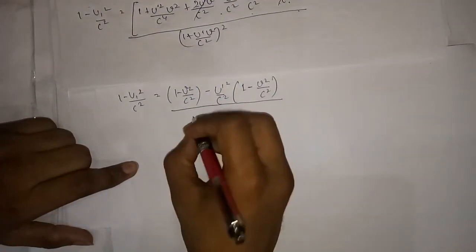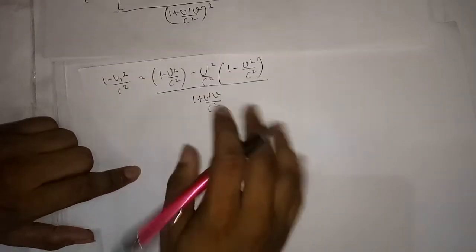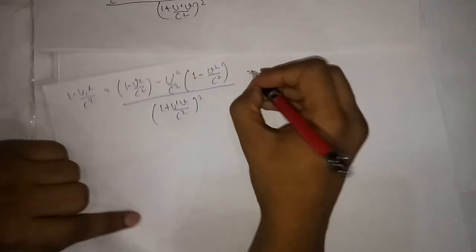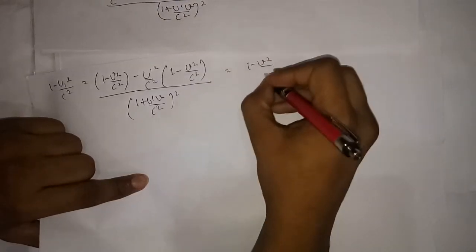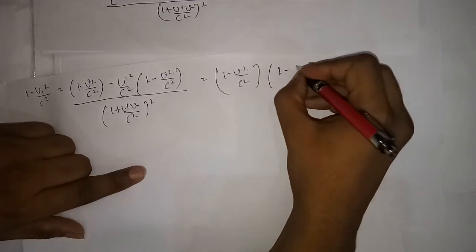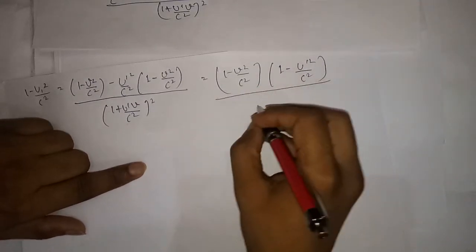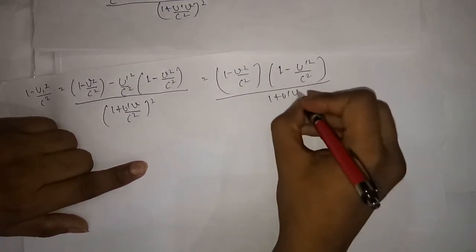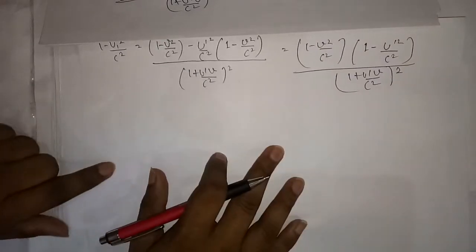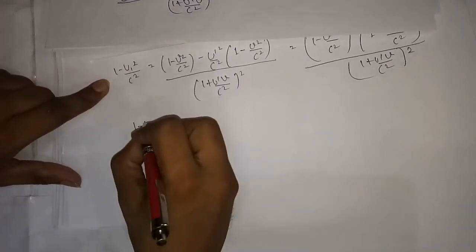So in the denominator we have 1 plus u dash v upon c square, okay, having whole square. Now this is equal to 1 minus v square upon c square into 1 minus u dash square upon c square upon 1 plus u dash v upon c square having whole square, okay.